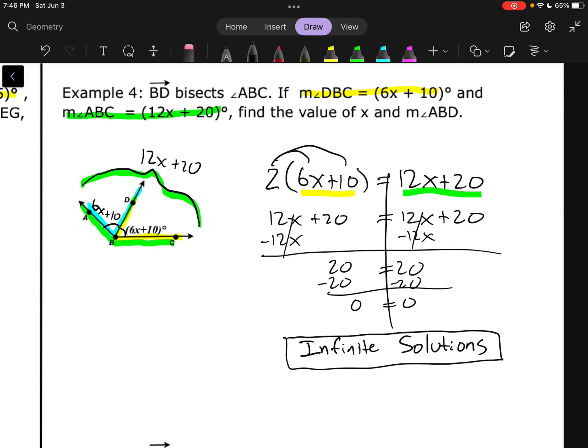A million would make sense algebraically, but it wouldn't make sense for the geometry involved. But if there are infinitely many solutions, that means that we can't say what the measure of angle ABD actually is. Because like we said, it could be just about anything. So since we don't know what x is, since there's an infinite amount of x's that it could be, we're just going to say that the measure of angle ABD cannot be determined.